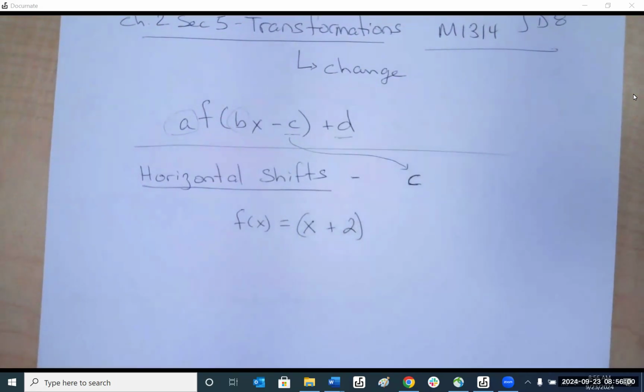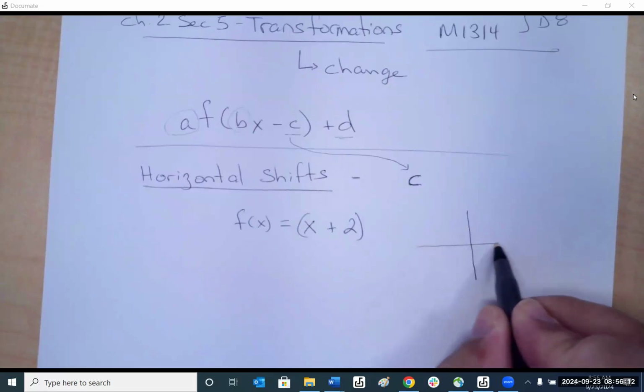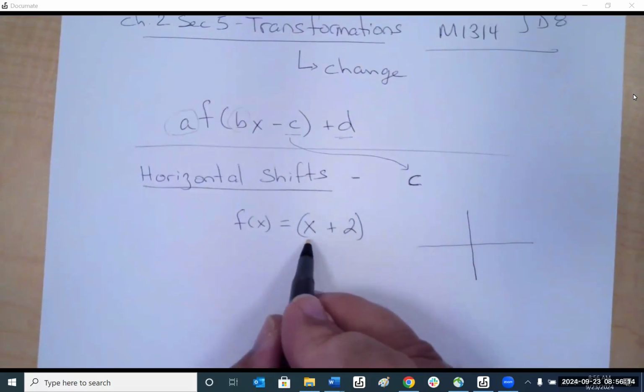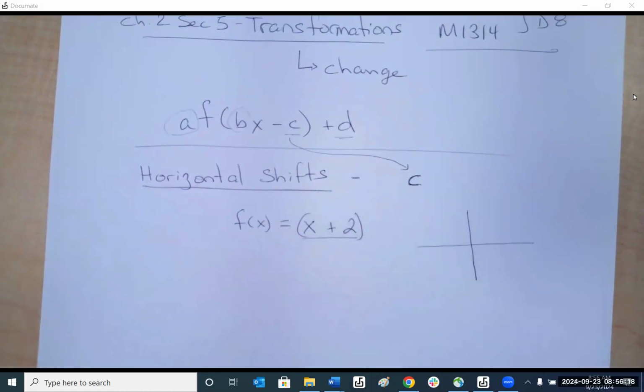Because it's in parentheses, what this one does, since it's in parentheses, is the smallest number we can have in there equals 0.